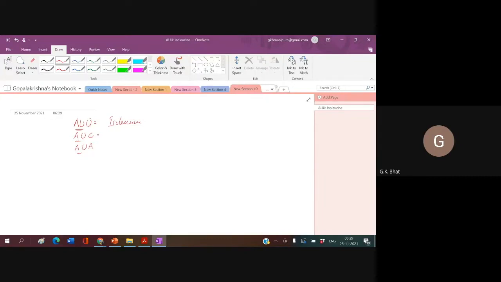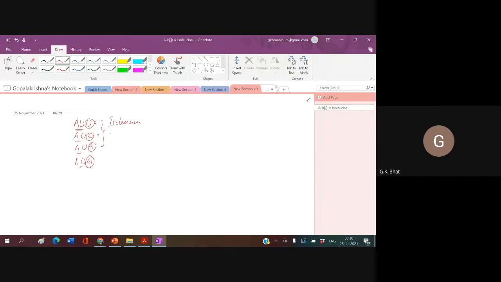Which one is changing? The third member of the codon. Did you understand this point, Navya? Yes, sir. So like that, if you see AUG, this is different.